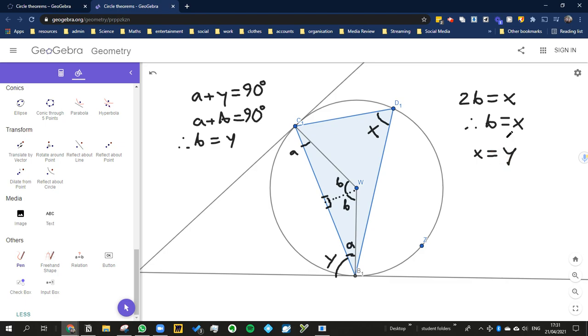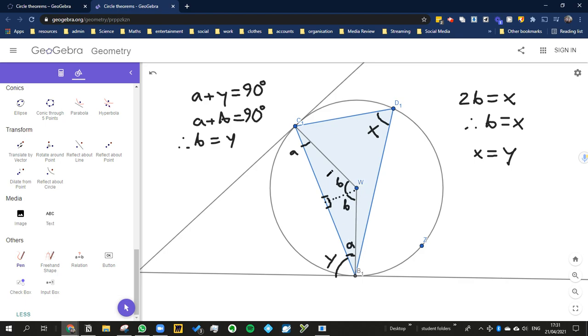Okay, so let's just recap there. What did I do first? I drew some line segments from W to C1 and from W to B1, and I identified that this was an isosceles triangle, so I drew a dotted line there, and so we've got two identical right angle triangles.